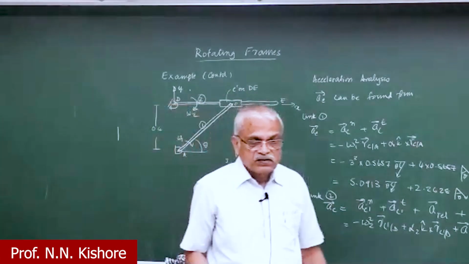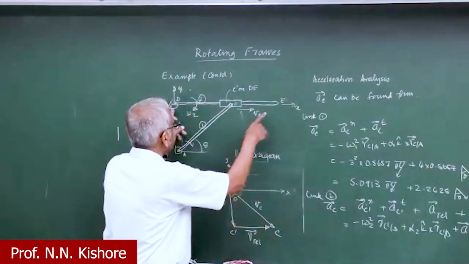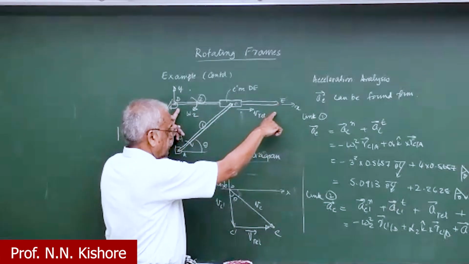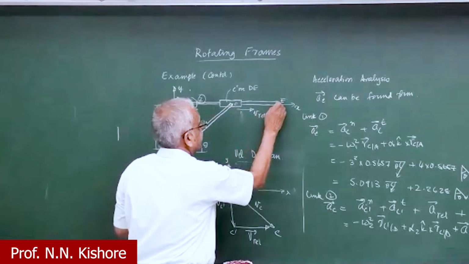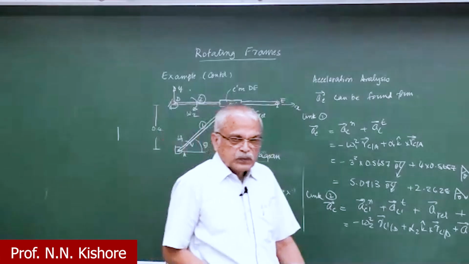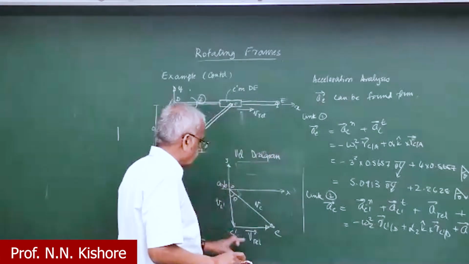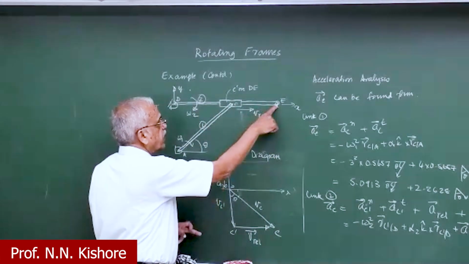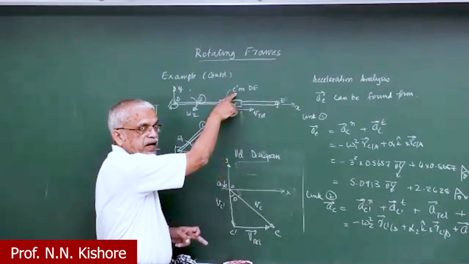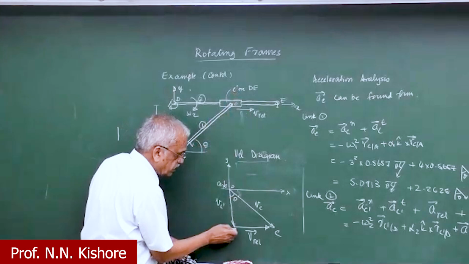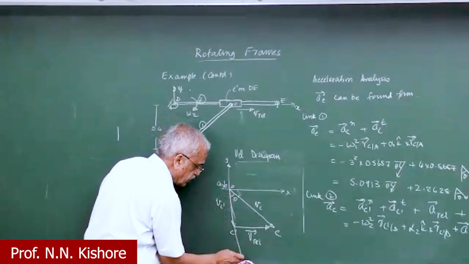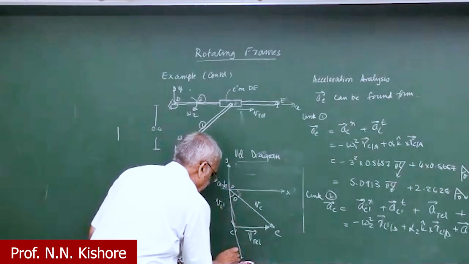And for example, from E you can even draw an F and find out what is the velocity there. So that way you can go on extending these velocity and acceleration diagrams to find out many other points as well. So I think this gives you enough idea into solving various points.